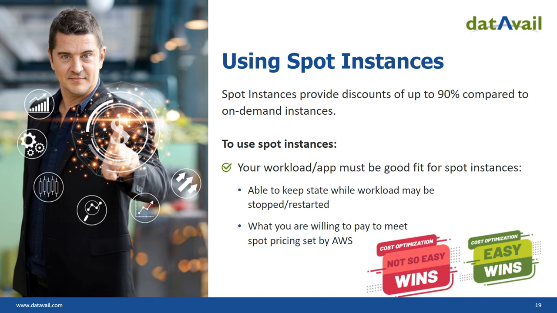Also, your workload and application should be written in a way where it can carry on where it left off. What that means is, let's say a workload takes 10 hours to complete, and after 2 hours, your resources are taken away. The next time you get spot instances, you don't want to start all over.